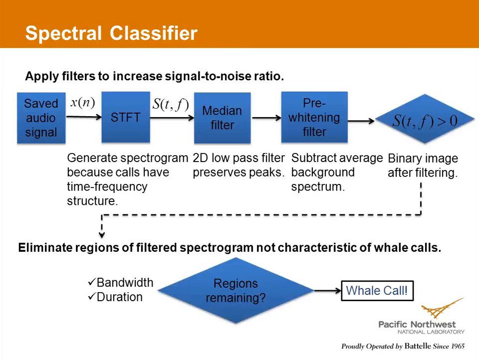The process for doing that involves making sure that none of the frequency components that may be important in distinguishing it as a whale call are weighted less than others, and that's what the pre-whitening filter does. That signal then comes in. We compare it with similar images that we have, which you can think of as templates. And if our binary image fits within a template given some statistical parameters, then we classify it as a whale call. Next slide, please.